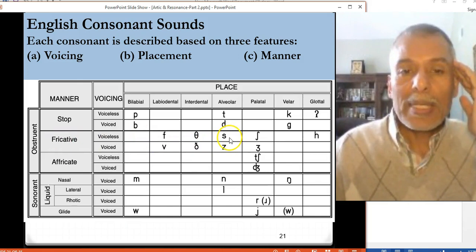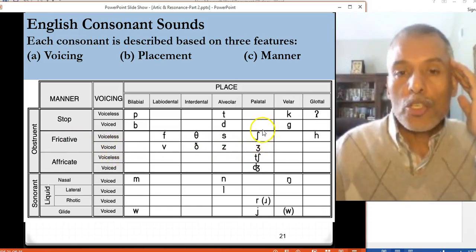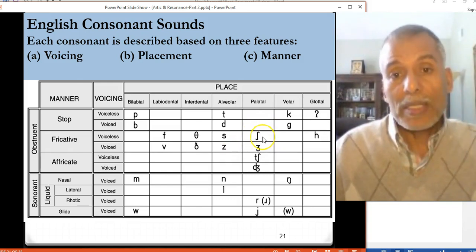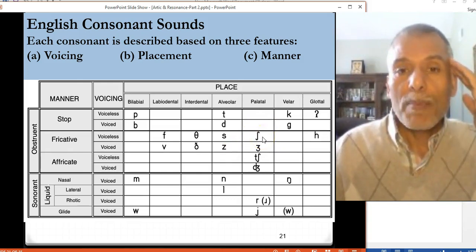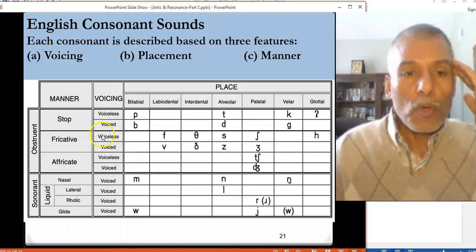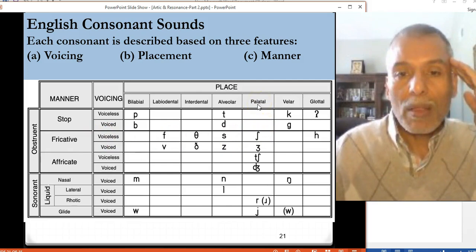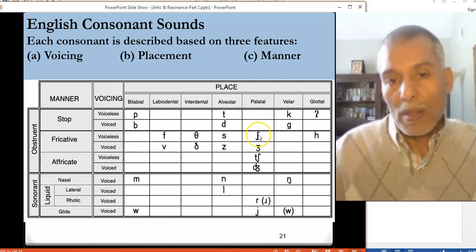S is a voiceless alveolar fricative. Z is the same, except the Z is voiced. Sh, as in cash, mash, is a voiceless palatal fricative.